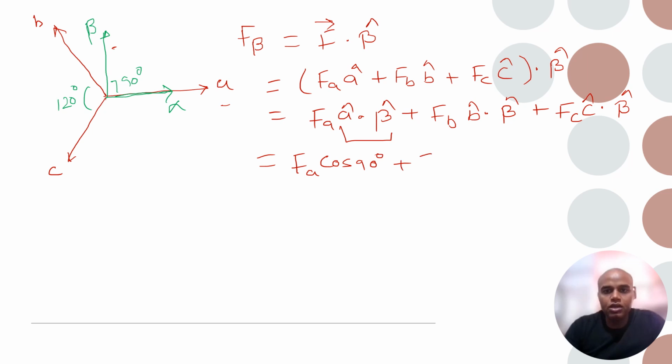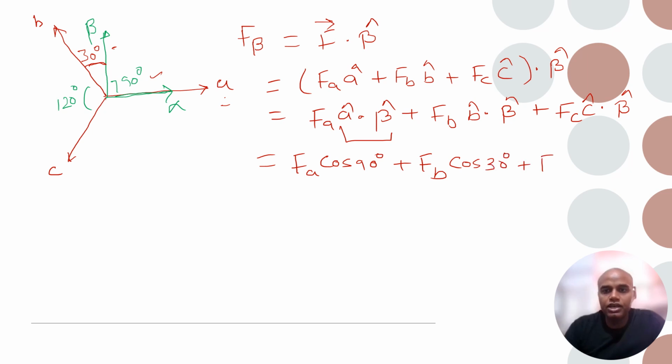Similarly Fb, the angle between the b phase and beta: between a and b the angle is 120, and alpha and beta is 90 degrees, so this angle becomes 30 degree. So this will be cos 30 degree.